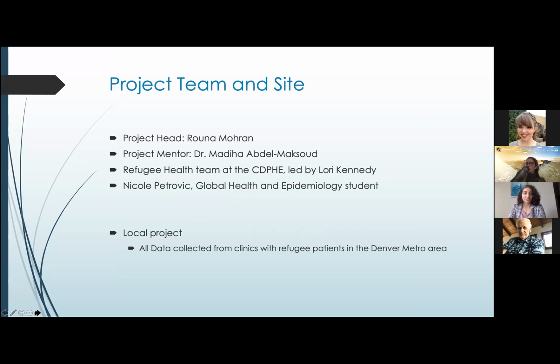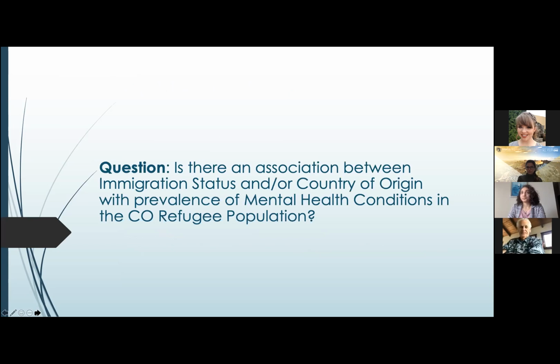So this project was entirely local. All the data that I've been using was collected from clinics and refugee patients who have been in the Denver metro area. So the particular question here is, what is the association between immigration status and country of origin with the prevalence of mental health conditions in the Colorado refugee health population?